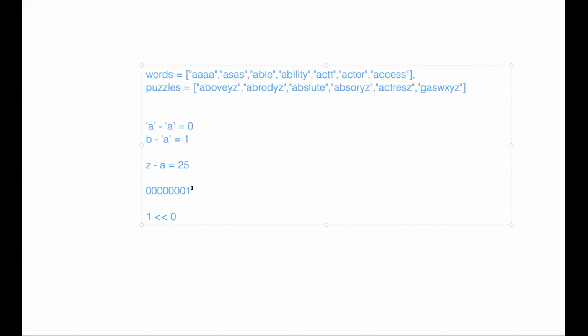Correct? Yes. Now, if I take AS, then again I will start with all zeros. And then start with A, 1, left shift A minus A, which is 0. So this should give me 0. So it will become 1.